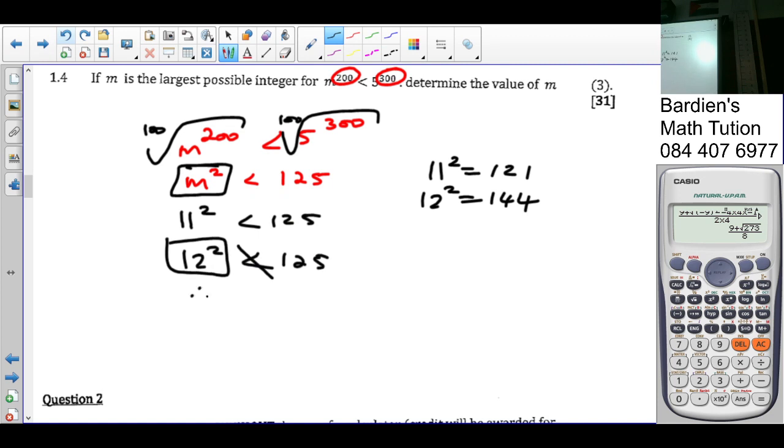No. So therefore, the largest possible value for m is going to be 11. 10, you could, yes. 9 could be 81. 8 could be 64. But it's not the largest value for m. Does it make sense? So therefore m has to be 11.